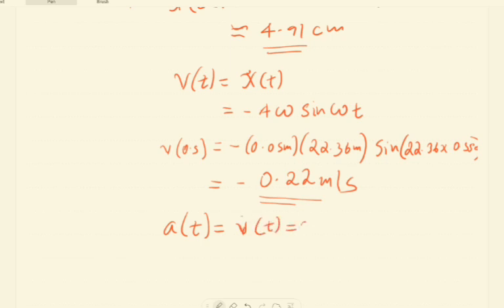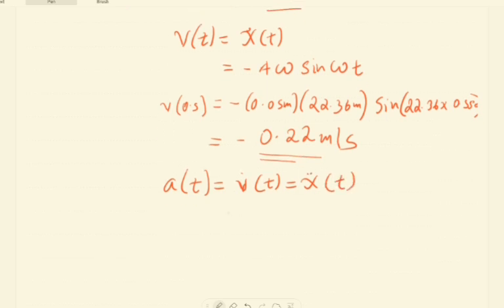So we differentiate the velocity once more and you get minus A omega squared cosine of omega t.